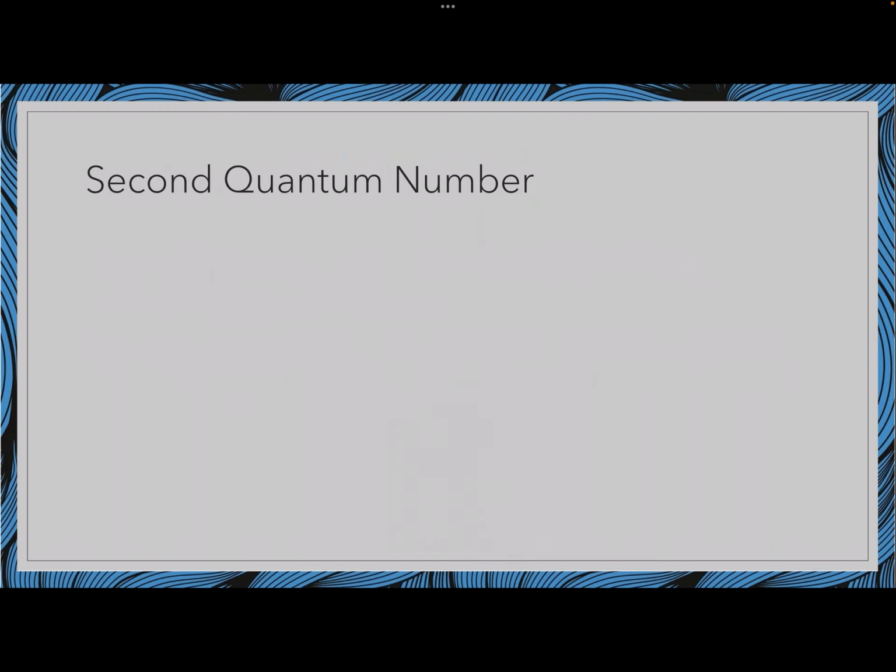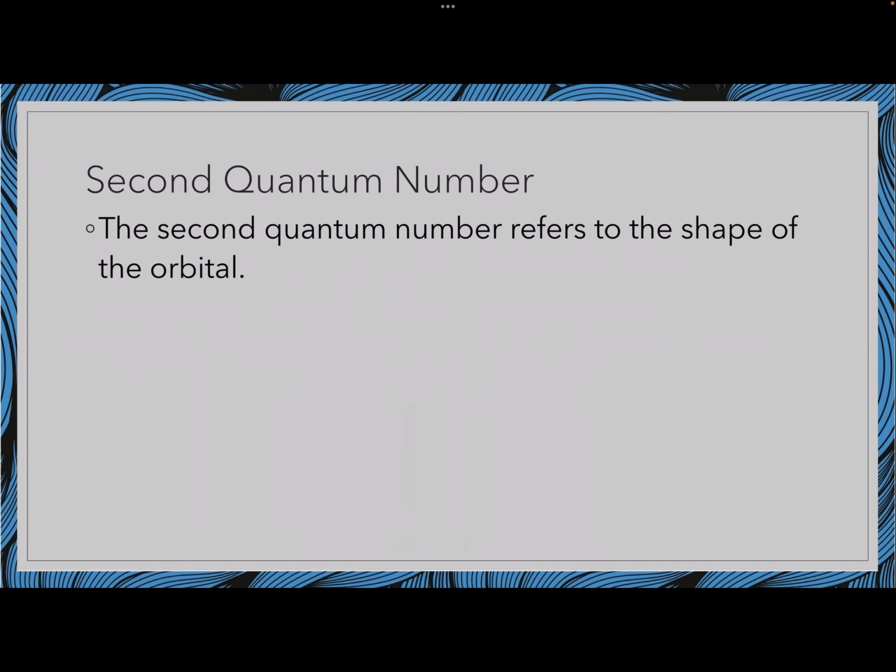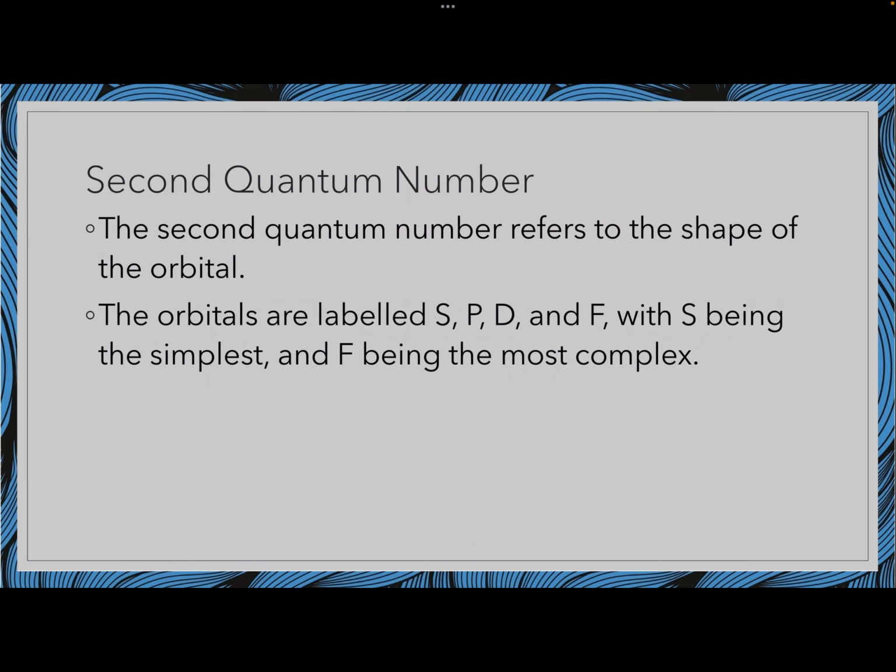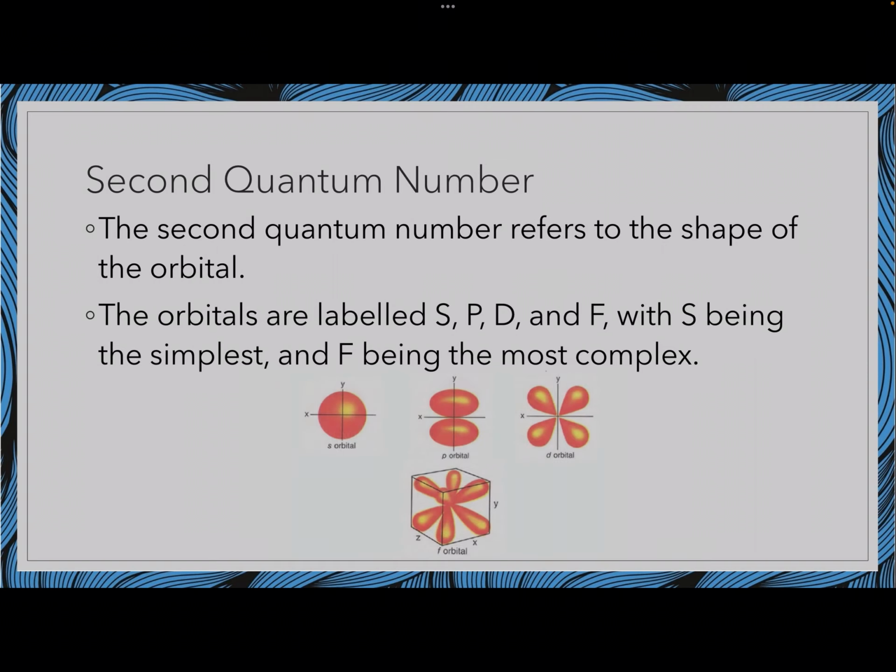So the second quantum number refers to the shape of the orbital. These shapes are labeled S, P, D, and F, with S being the simplest and F being the most complex. So here's some examples of some of the orbitals. An S orbital is a nice spherical orbital. P orbitals, we get these weird kind of dumbbell shapes, two clouds either side of the nucleus.